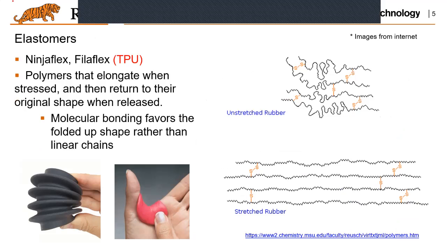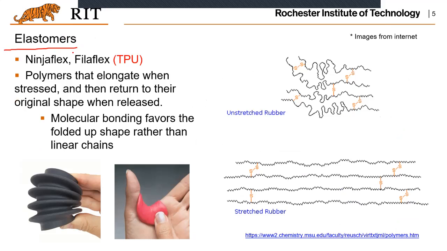Another interesting material is the elastomers, like the ones we could use in our prints, the NinjaFlex or the FilaFlex. So we call them TPUs. If we look at the molecule chains of these materials, if the material is in the release state, you can see these unstretched molecule chains.